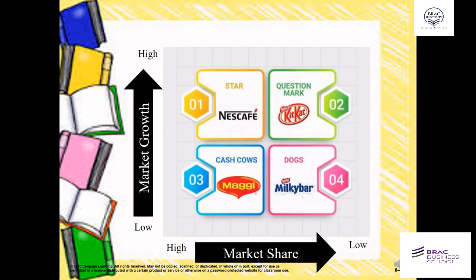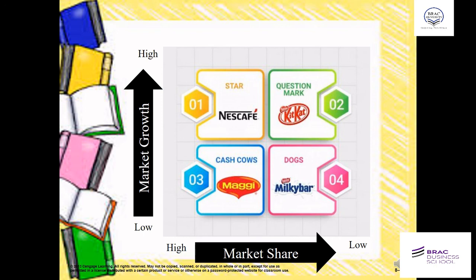This is the example of Nestle, and based on their market research, they found that Nescafe is in star condition. It is growing so fast and also increasing its market share, whereas Maggi is in a stable condition, in a matured condition, and is considered a cash cow.